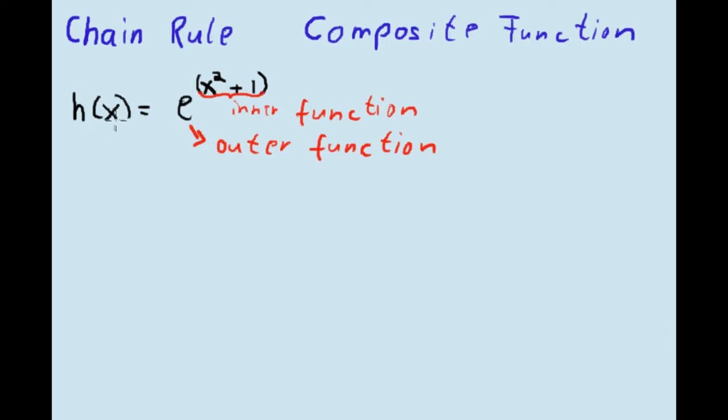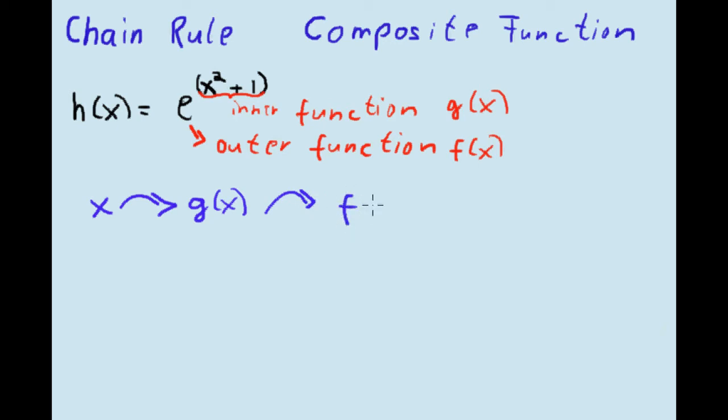I'm plugging a value for x in. So I first apply the inner function, which is g of x, and whatever comes out of g of x is then plugged into the outer function, f of x. So you should think of this as two successive functions. x goes into g of x first, and g of x then goes into f.